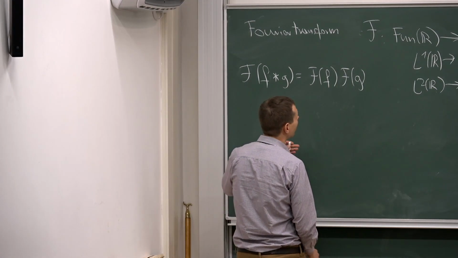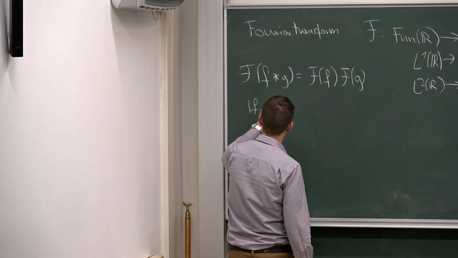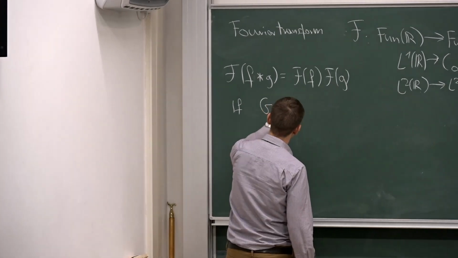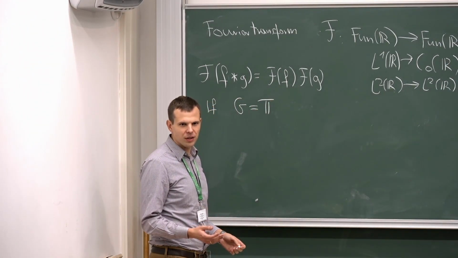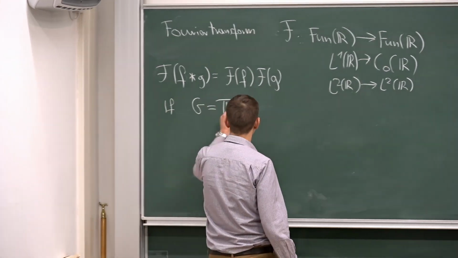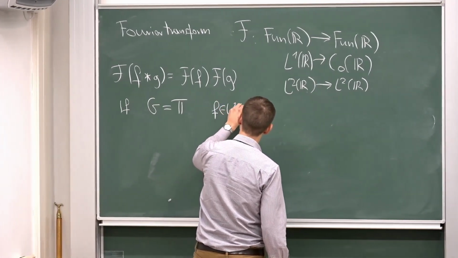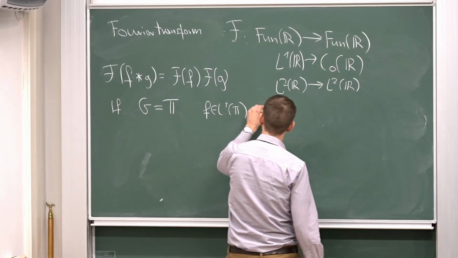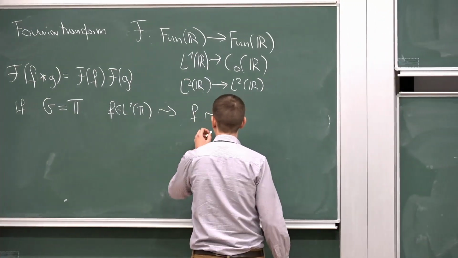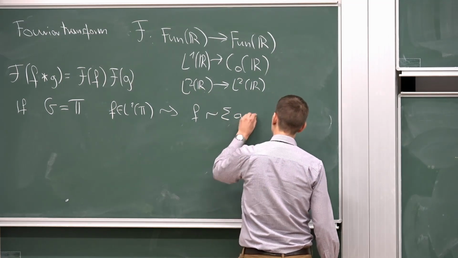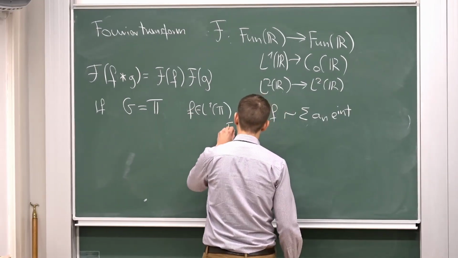The other case is if your group is the unit circle, then you get Fourier series. If you have a function in L1 of the circle, then from this you get f equal to its Fourier series.